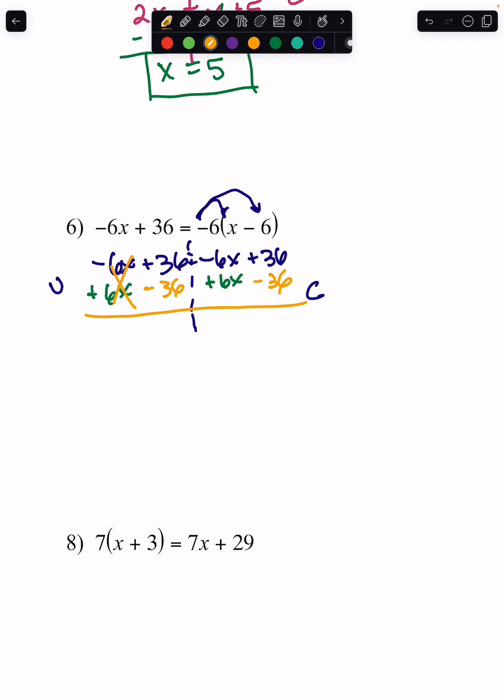That cancels. That cancels. That means that over here, it's 0 equals, and over here, everything is canceled. 0. What was the rule? When a number equals a number, you should have written that down. All real numbers. Or you can use a symbol that looks like that.